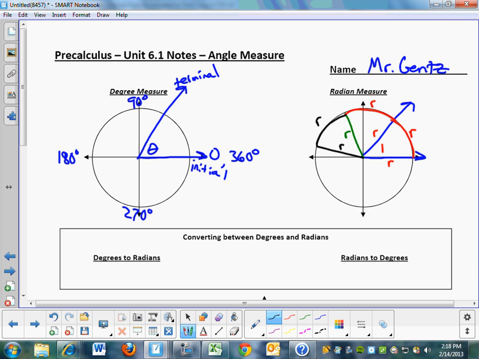And 3 of them fit within 180. I've got a little sliver left over here, don't I? 0.14, right? How many radians fit in 180? Pi, yeah. How many would fit in 360?